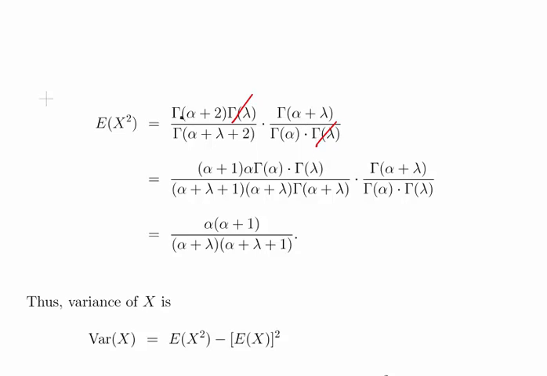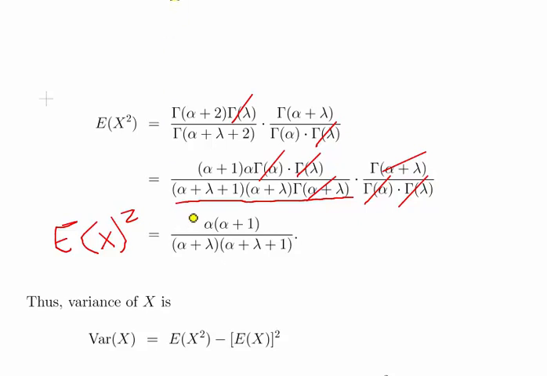That is divided by the gamma function of alpha plus lambda plus 2, and that can be rewritten as alpha plus lambda plus 1 times alpha plus lambda times the gamma function of alpha plus lambda. Those cancel out. Lots of cancellations. So the expected value of x squared is alpha times alpha plus 1 divided by alpha plus lambda times alpha plus lambda plus 1.